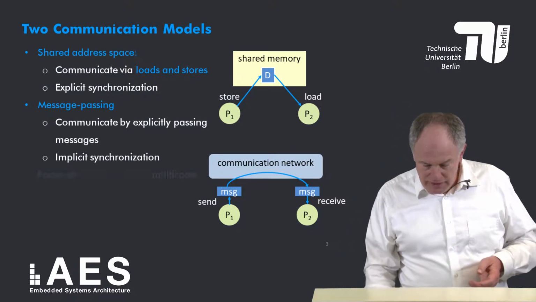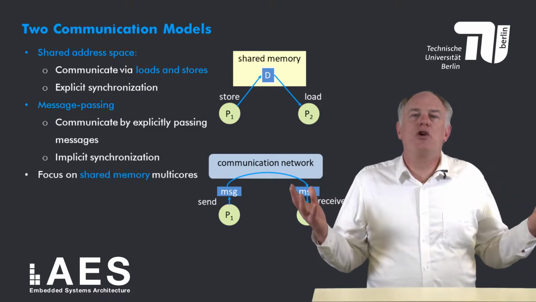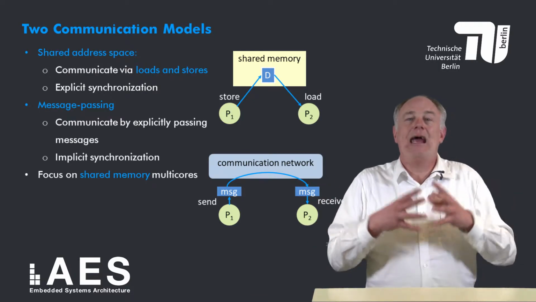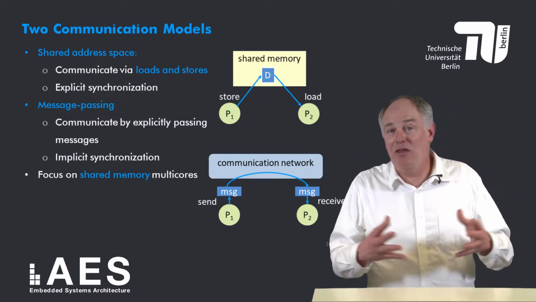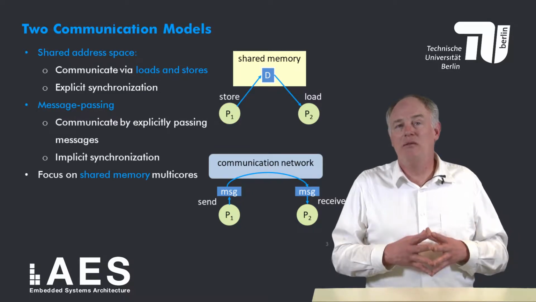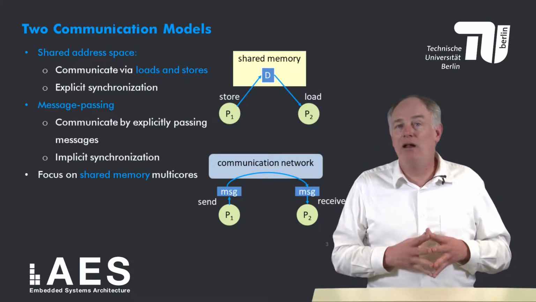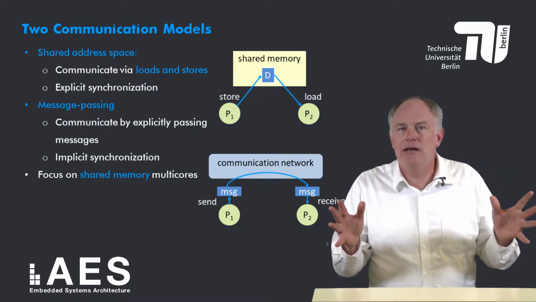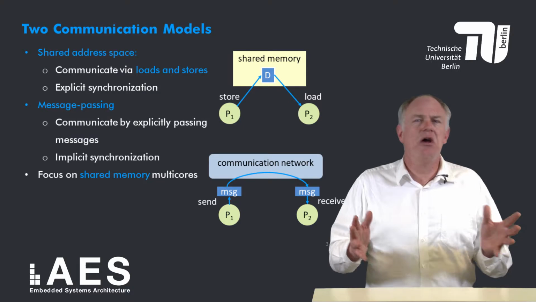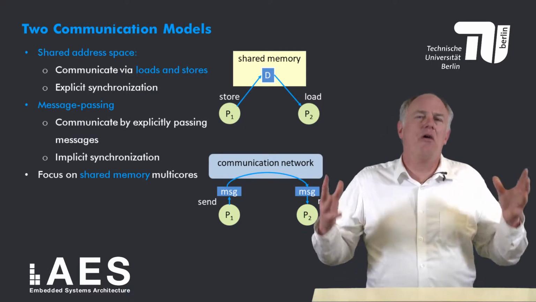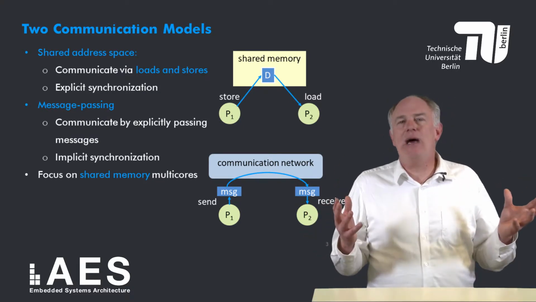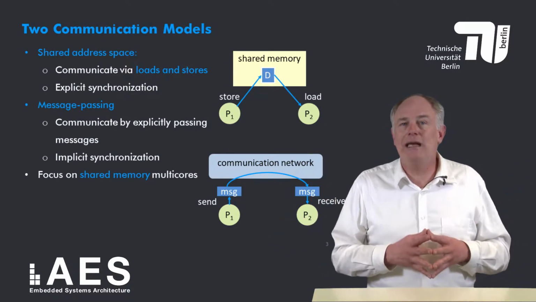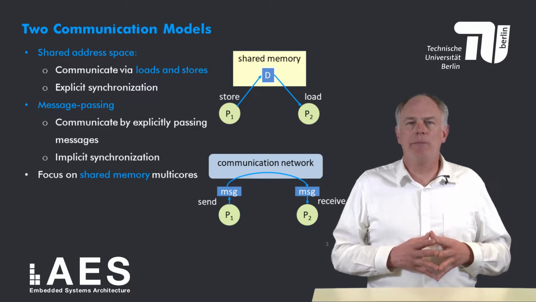There has been a lot of debate about which communication model is better. I have worked on both and can add a lot to the debate, but again, in the interest of time, I will not. In a very small nutshell, if the application to parallelize is rather static, such as matrix multiplication or Gaussian elimination or the like, then message passing may be just as easy or difficult, depending on how you look at it, as shared memory programming.